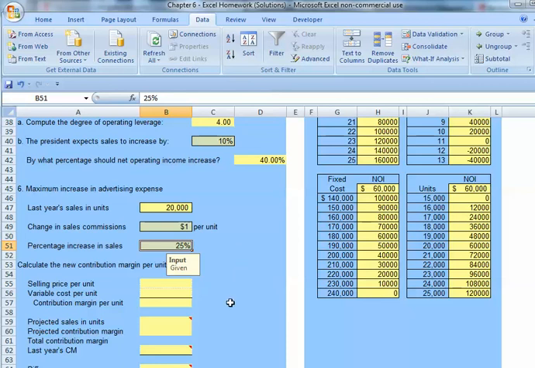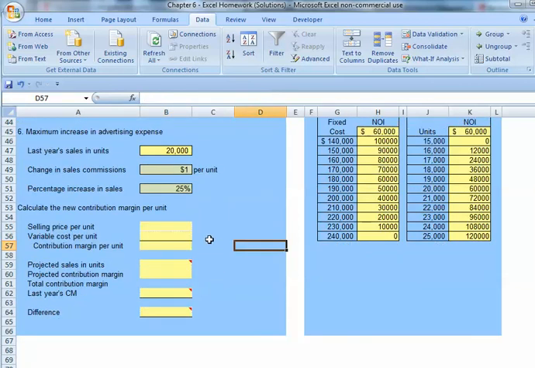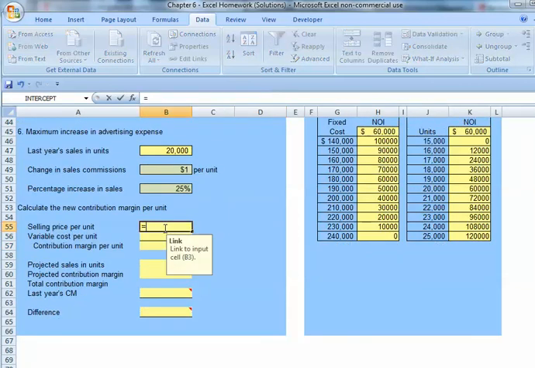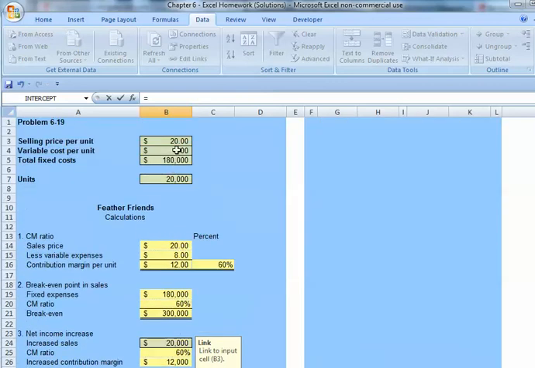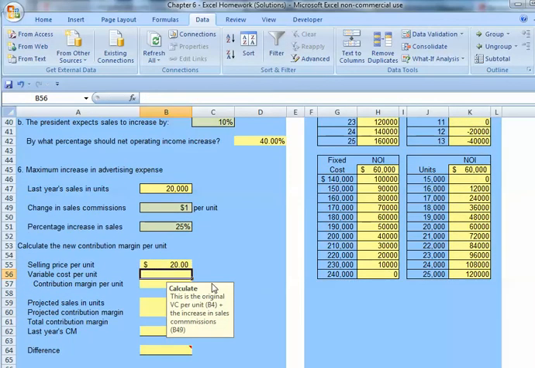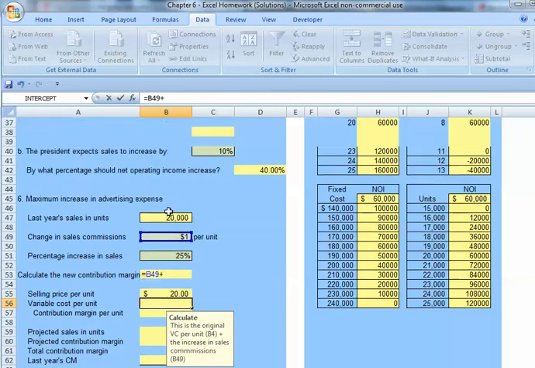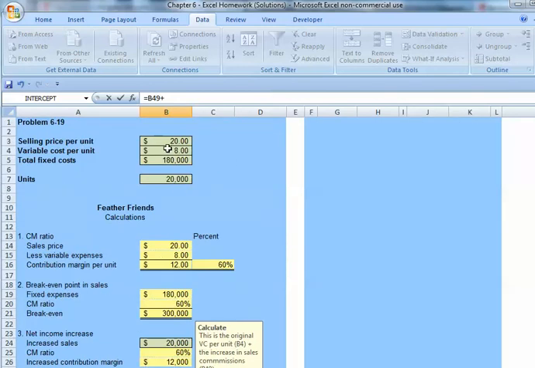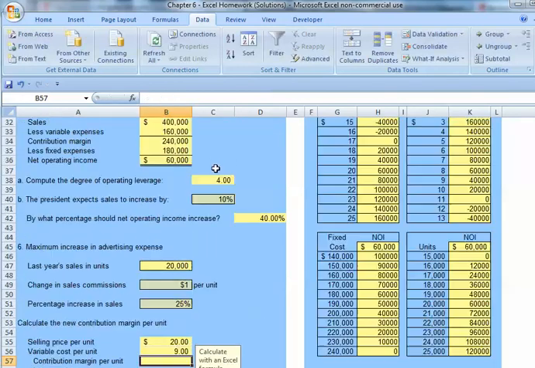Let's begin by picking up our selling price per unit that we had above, $20. A $1 increase in our variable cost will mean our variable cost per unit is, and again, we want to have a formula here, our $1 increase plus our current variable cost up in cell B4.